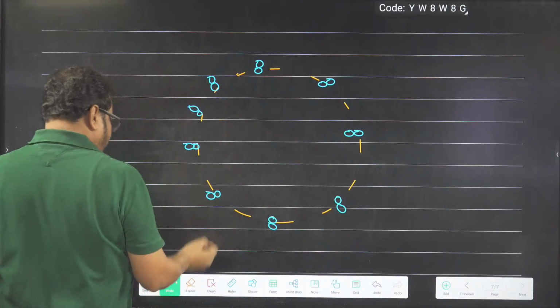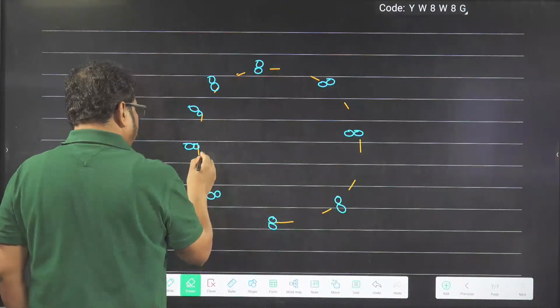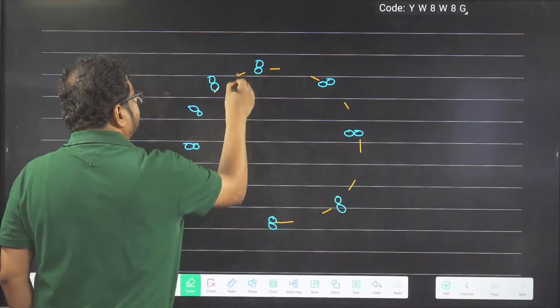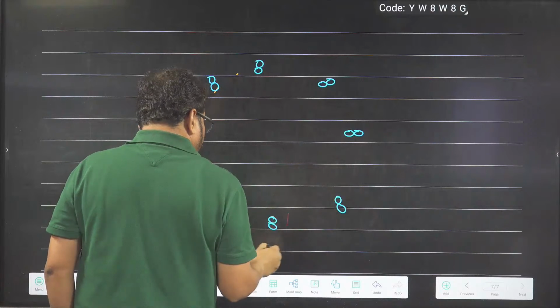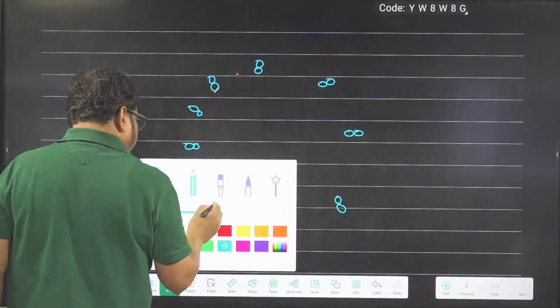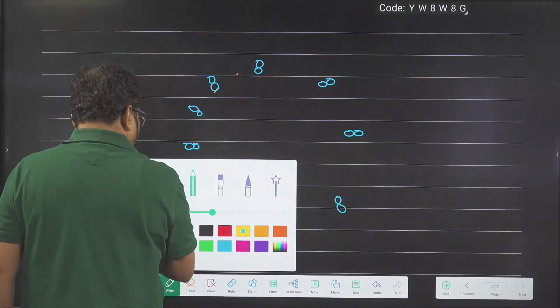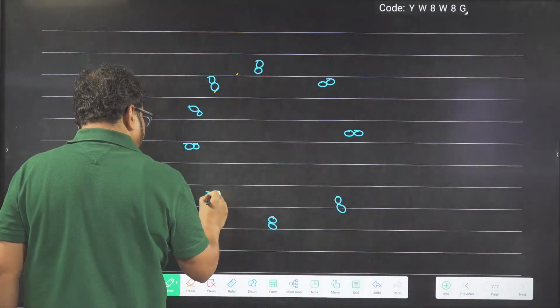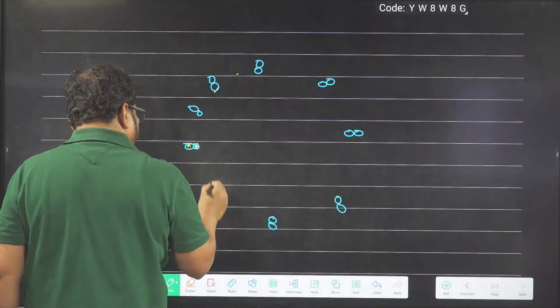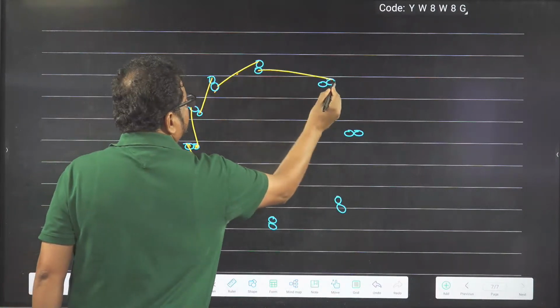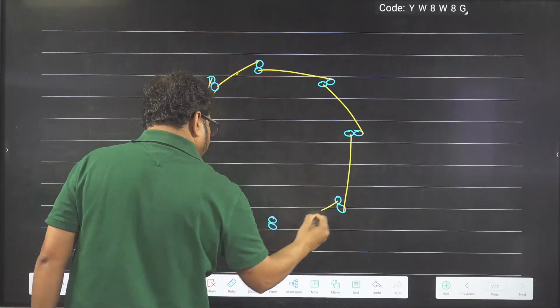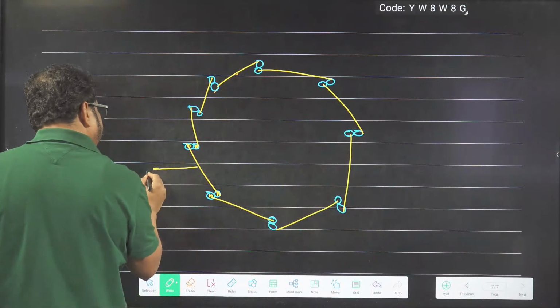So see, it is 9 doublets. I simply drew it in a hurry, but anyhow you will get the idea. So each doublet is joined, A and B, by a protein called the AB linker protein.